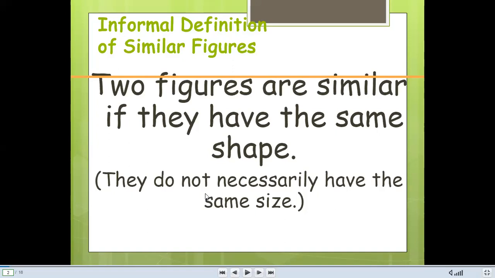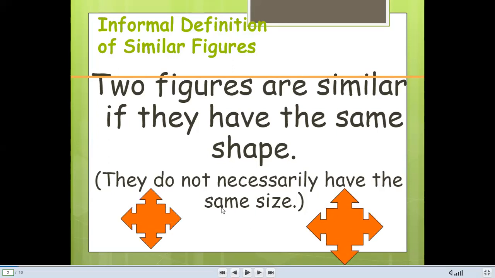So are those two figures now similar or congruent?